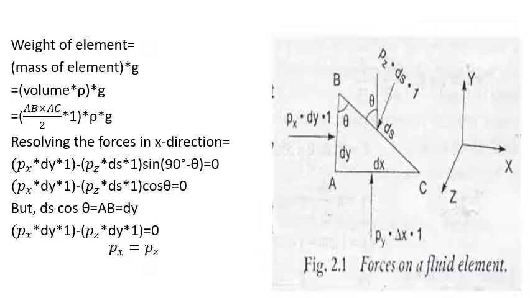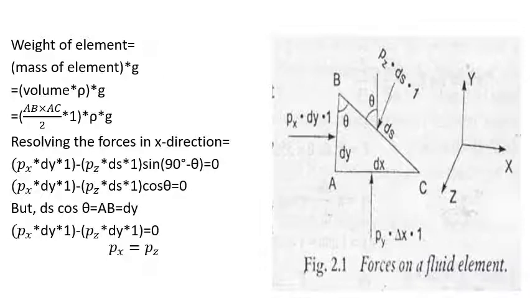The force in the x direction is P of x into dy into 1. That is the force acting on face AB, and the force acting in the x direction opposite to this face AB is P of z ds into 1, times sine of 90 degree minus theta, and that is equal to 0.